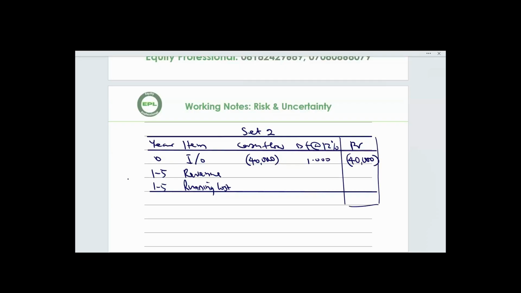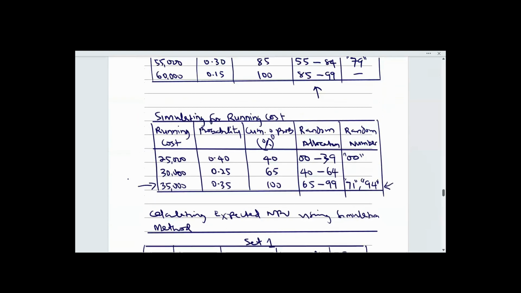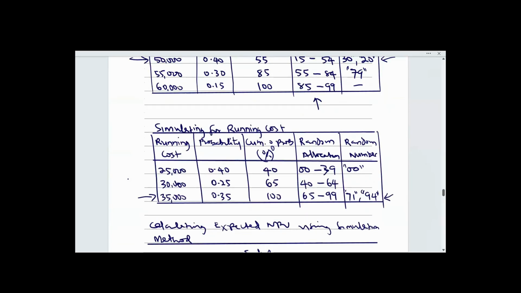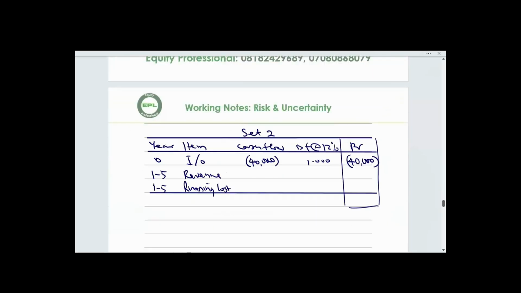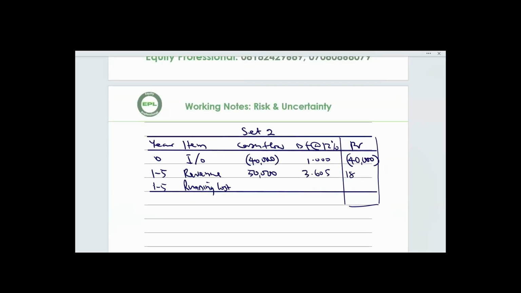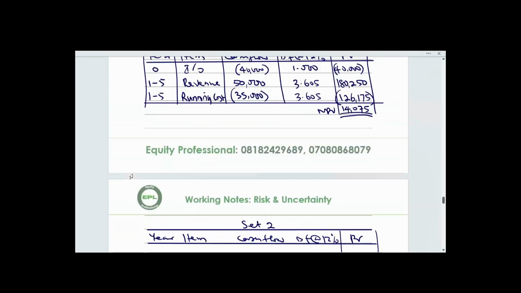So you go to where we have simulated for revenue. 20 is the same place, 50,000. Multiply by 3.605. That's 180,250.